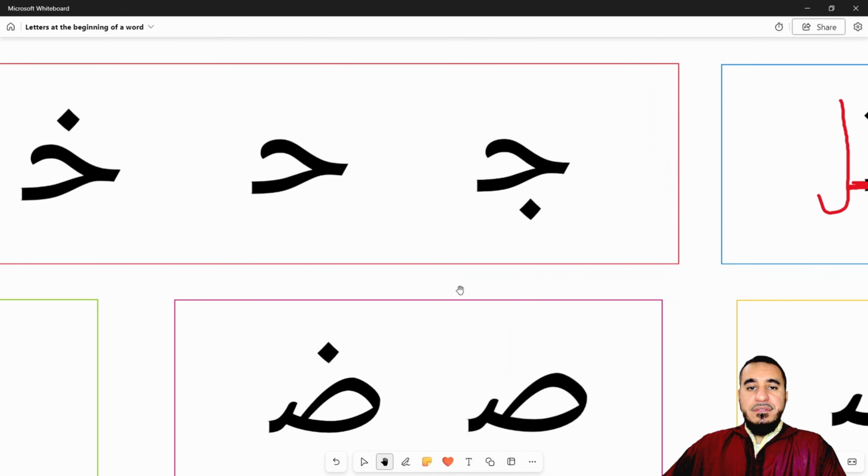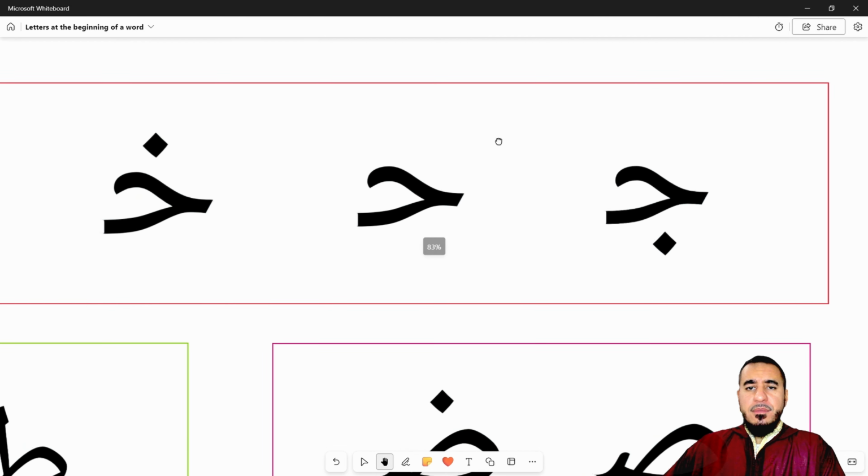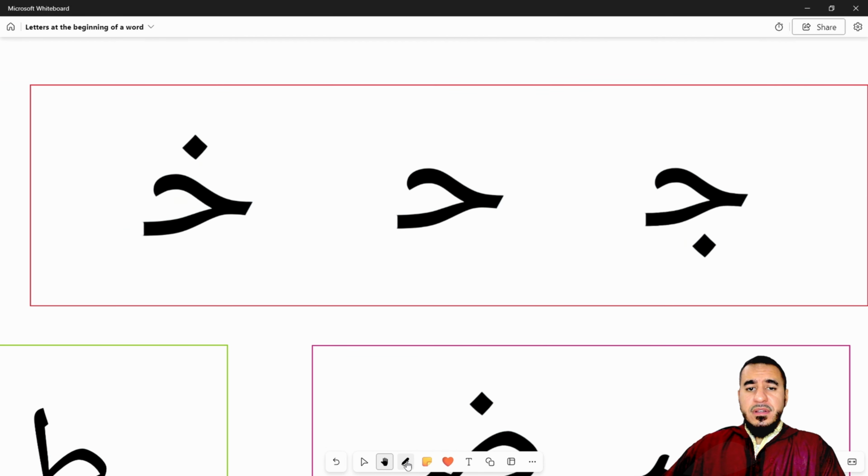And then we have the next three letters, the jim, the ha, and kha. These letters look slightly different from when they were by themselves. If you remember, the jim had a little thing going here, the same for the ha and the kha, but that has been done away with. Why?